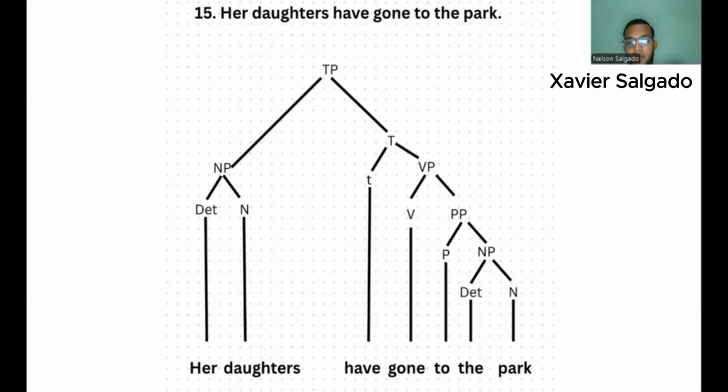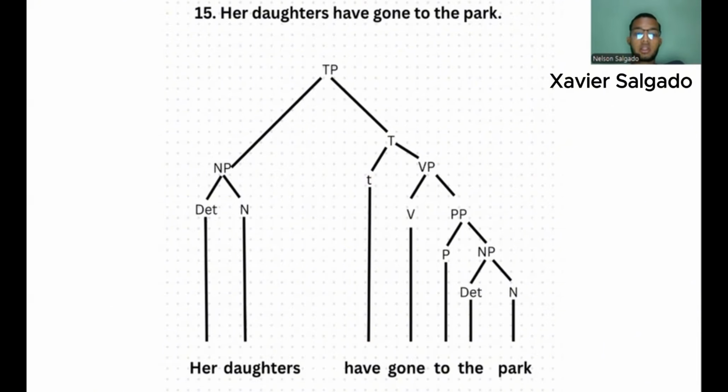And well, we have a P, that is the preposition, that is to, and also we have NP, that is a noun phrase. And well, down in the noun phrase, we have determiner and noun. And as a result, we have: her daughters have gone to the park.